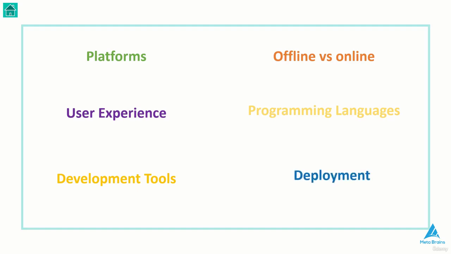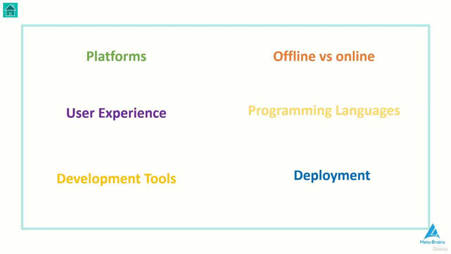Next, deployment. Apps are deployed through app stores such as Apple's App Store or Google Play, while websites are deployed to web servers.